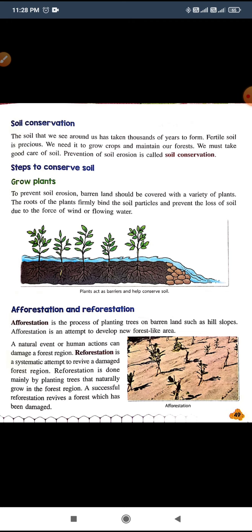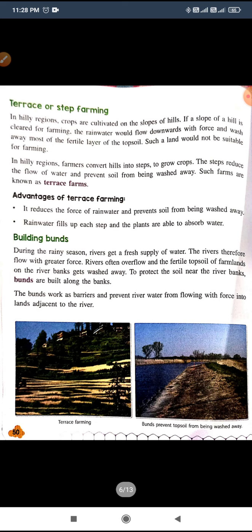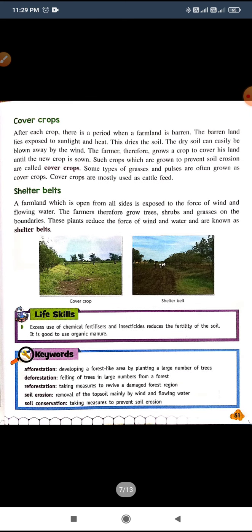Conservation of soil means protecting it against erosion. Then we have studied how we can protect it by growing plants: afforestation, reforestation. Then terrace or step farming, the advantage of terrace farming, building bunds, cover crops, shelter belts.